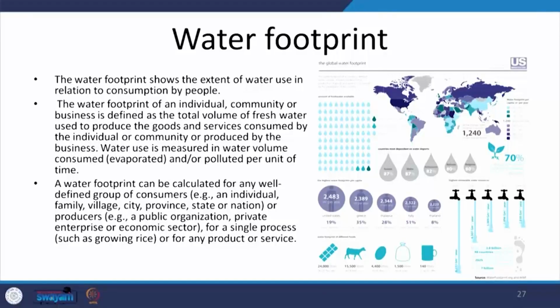So, water footprint can be calculated by adding up the water volume consumed or polluted per unit of time. So, we are not just looking at the water consumed, but we are also looking at the water which is polluted through the process.